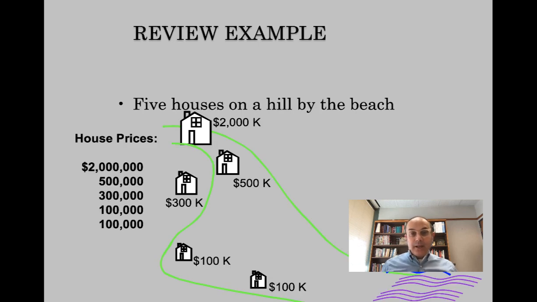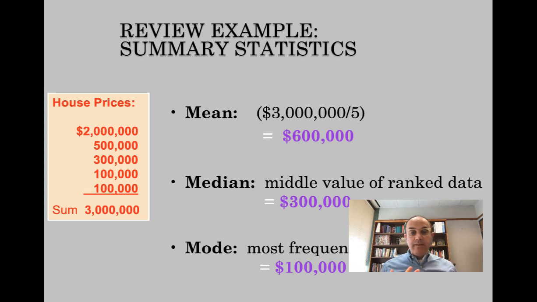And a good example is if you are planning to buy a house, you're looking at 5 houses near the beach, and each house has a different price, even though in this case the last two listings have the same price. So if we calculate the mean, we will have to divide by 5.